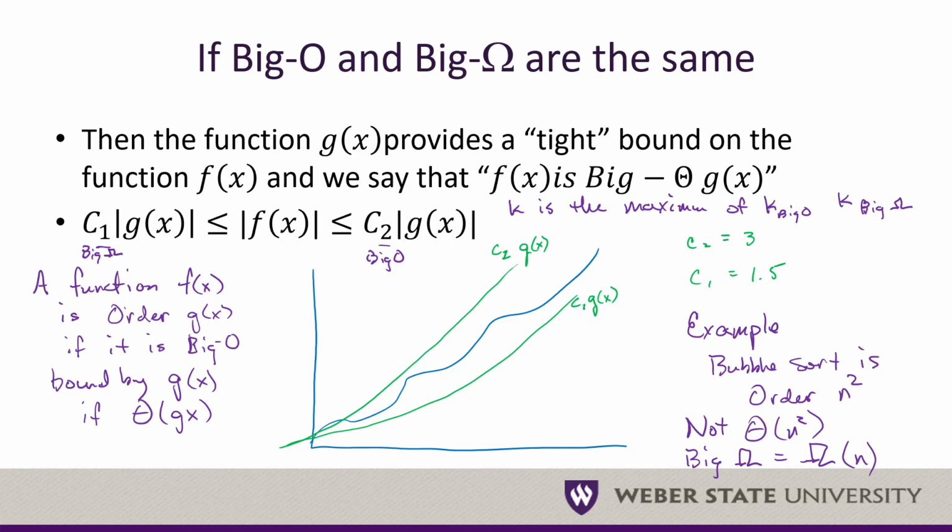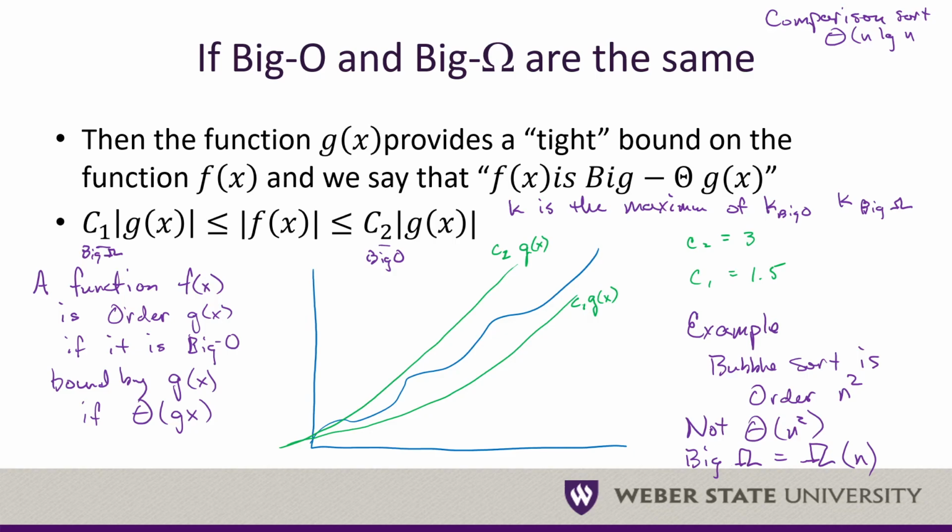Actually, a lot of it depends on a description of the algorithm. If I have a comparison sort, then we're looking at order n log n. Actually, it's theta n log n.